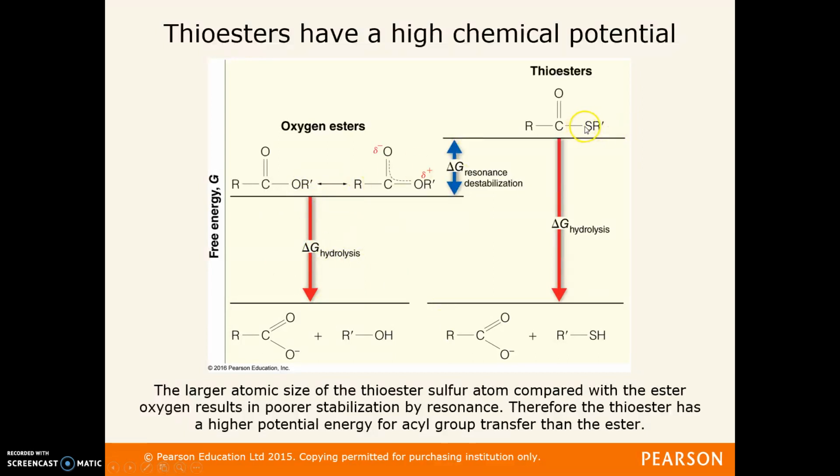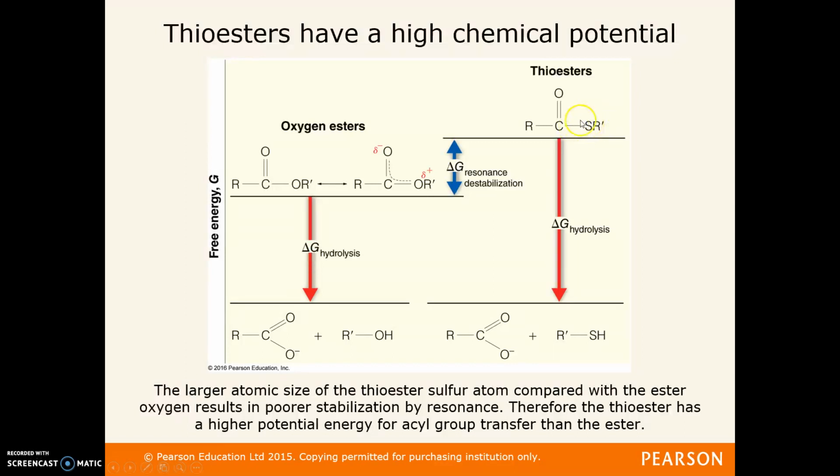But if we look at the thiol ester version of this, the same thing happens with sulfur in that we have this resonance structure where the electrons can form over here, but it's not quite as powerful as we see here, right? And that is because although sulfur has the same valence electrons as oxygen, it is bigger and those electrons are further away from the nucleus and are held less strongly.